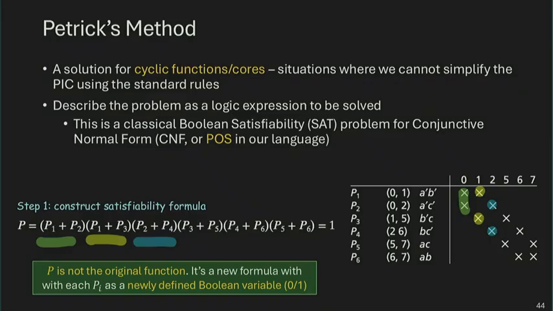Every column gets translated into an equation, and all of them will be ANDed together, to indicate that I need to cover minterm 0 and minterm 1 and minterm 2 and minterm 5 and 6 and 7. All of them need to be covered, so that gets translated into a product of sums expression. And for any assignment to these 6 new p variables that makes this expression evaluate to 1, that's one way of covering all the minterms.